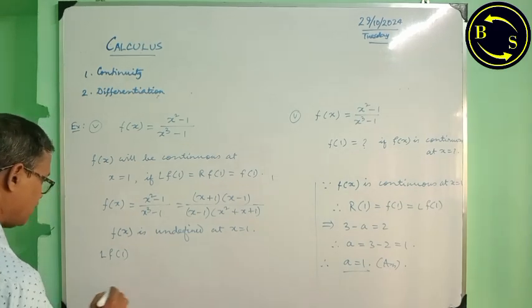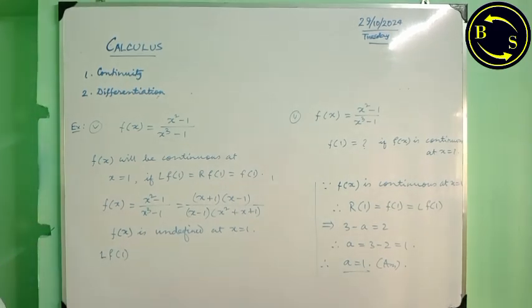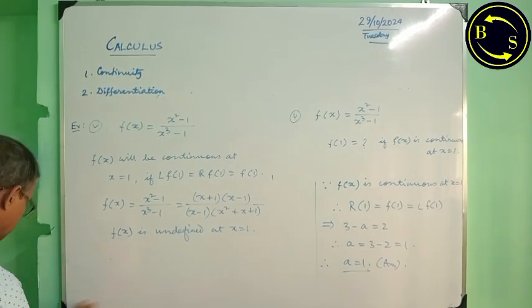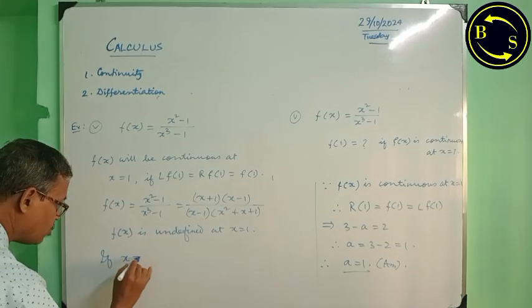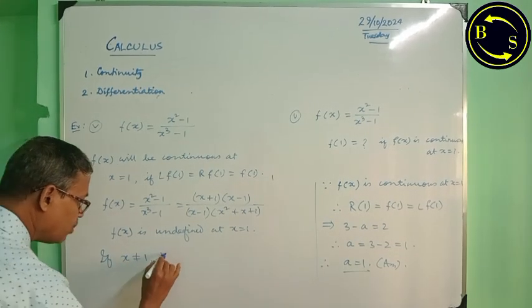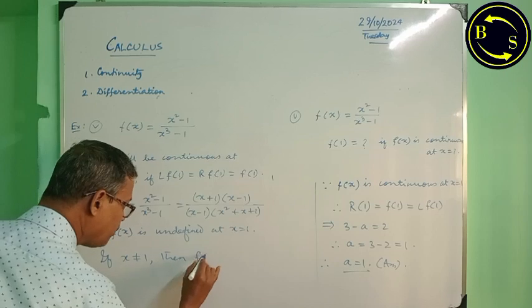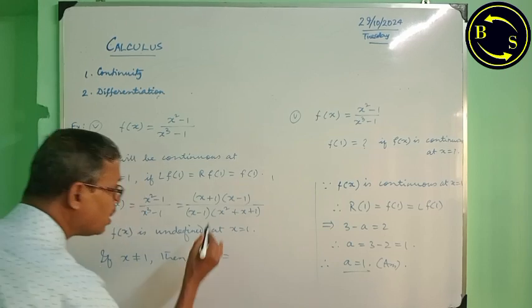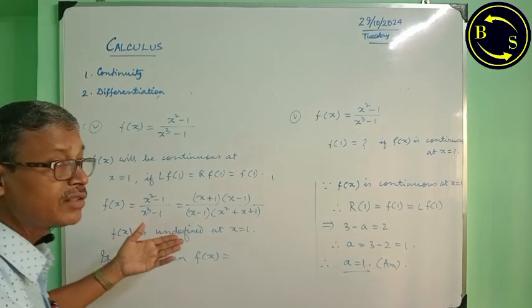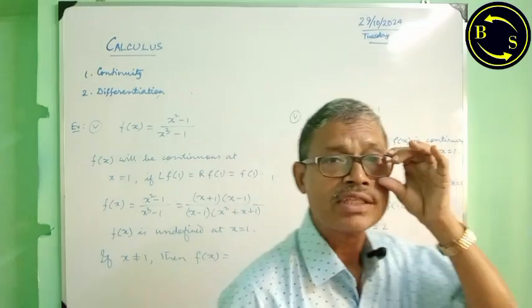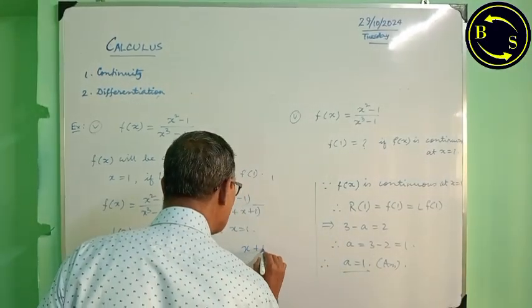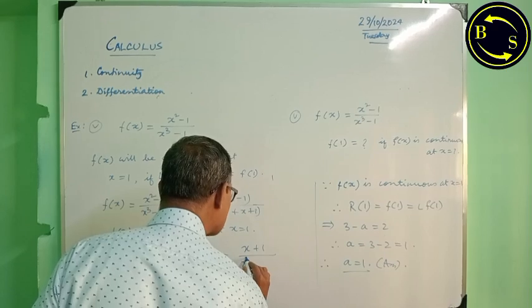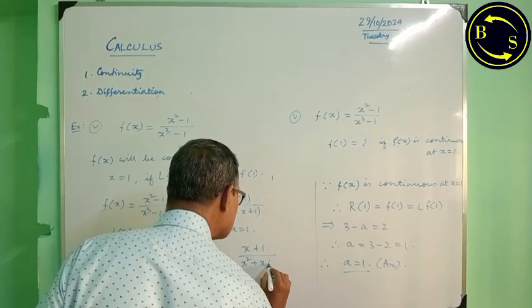In that case, I write like this: if x is not equal to 1, then f(x) will be equal to, in that case we can easily cancel x minus 1 from numerator and denominator, then the value will be (x plus 1) by (x square plus x plus 1).